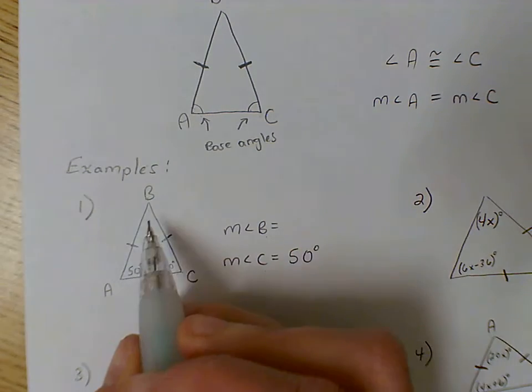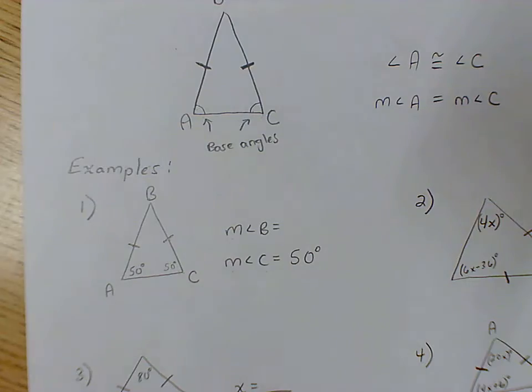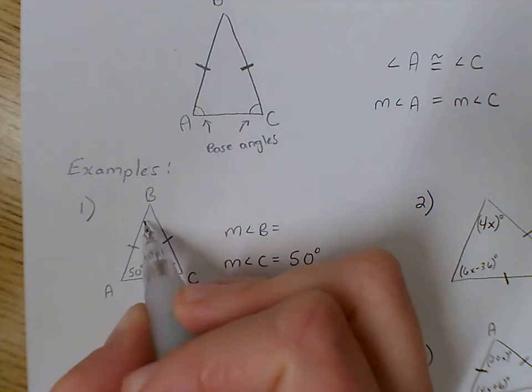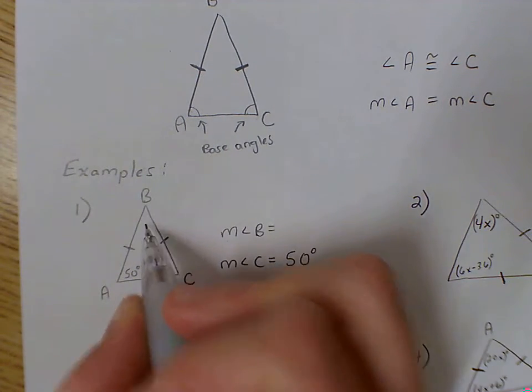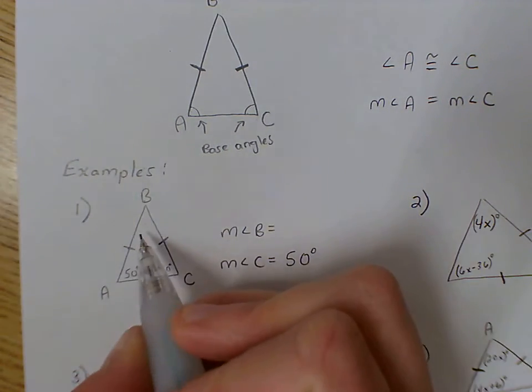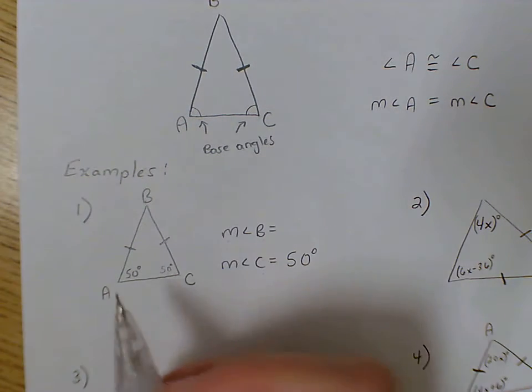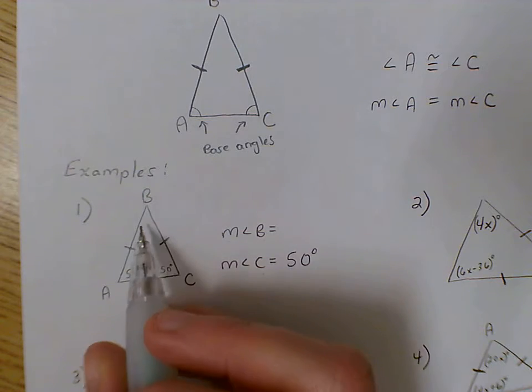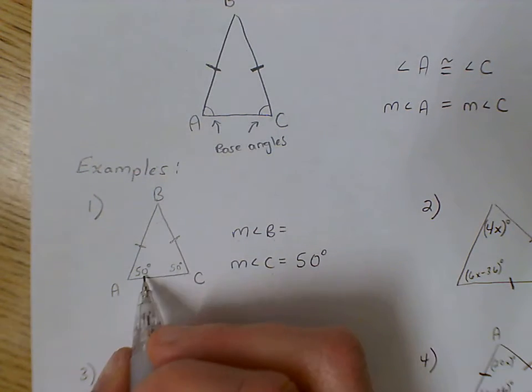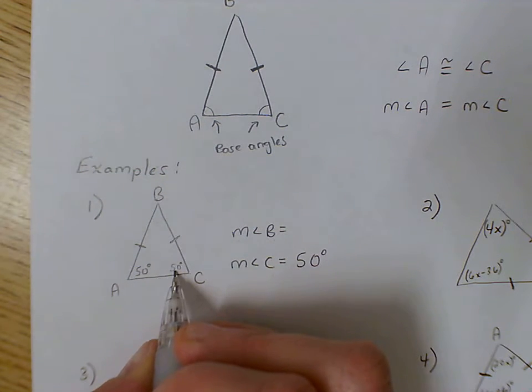Now how do I find angle B? If you think about the other theorem that we talked about, remember, all the angles in a triangle have to add to 180. If I add these all up, it should equal 180. You can figure that out pretty quickly by adding these up and subtracting from 180, and you'll find out how much is left. If I take 50 plus 50, that's 100.